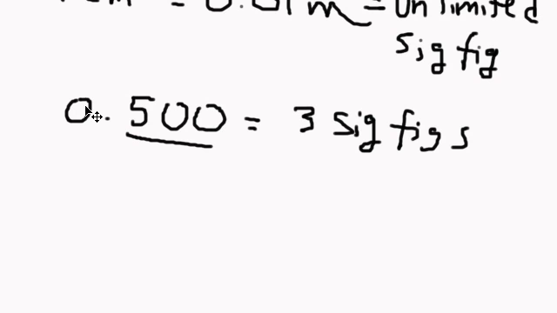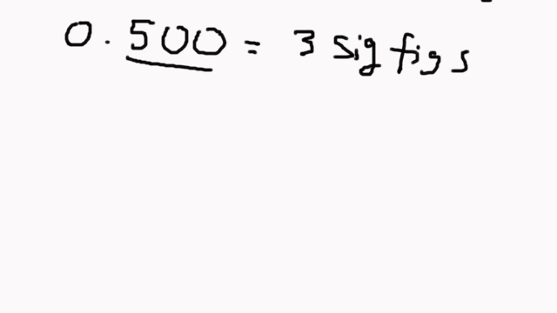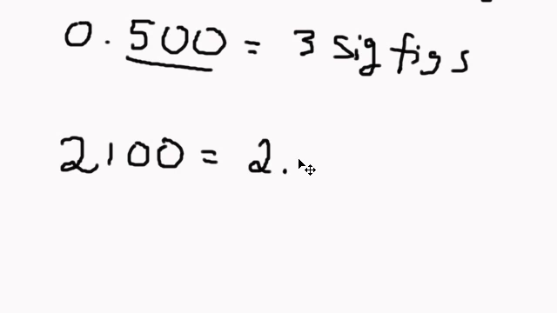Okay, and the last example, 2100. This is perhaps the best example from them all, and the reason is because this number is ambiguous. Notice that all the other ones that we've done have had a decimal, but this one doesn't. So you can write it like this, 2.1 times 10 to the 3, and if you write it like this, then the number has 2 significant figures, if you write it in scientific notation.